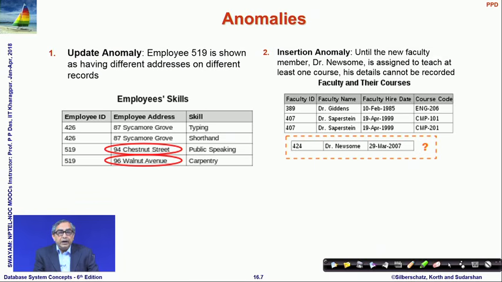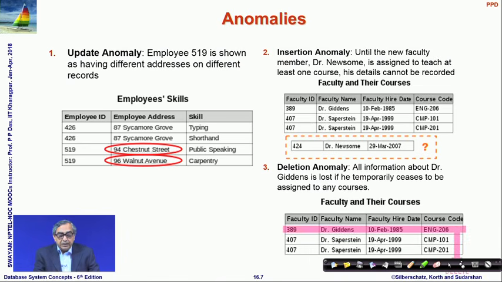Now, suppose a new faculty joins, and as soon as the faculty joins, he or she may not have an assigned course. If we want to enter that record here, we will not be able to, because we do not have any value for the course code. Either we use a null value or we cannot enter the record. This kind of situation is known as an insertion anomaly.